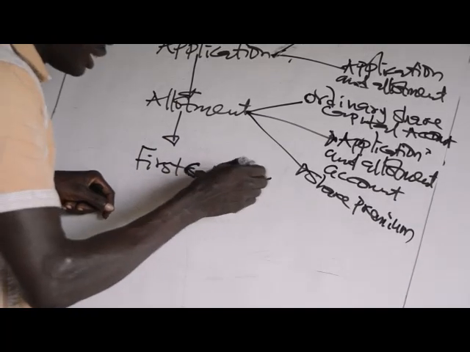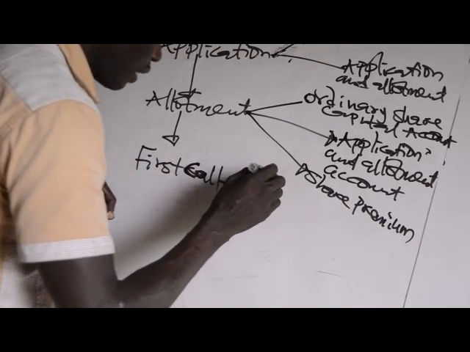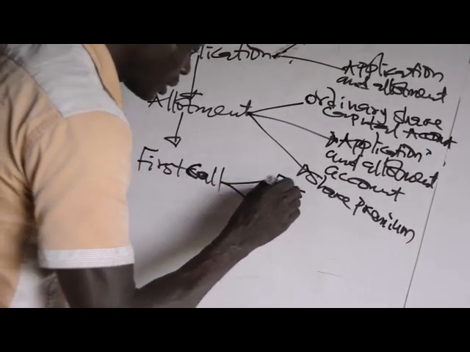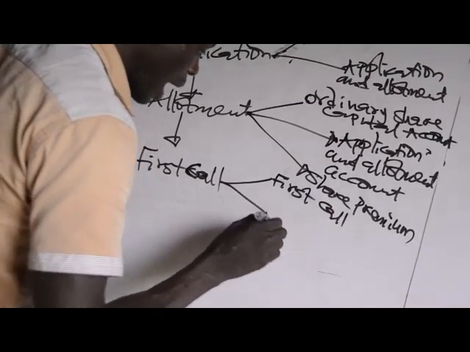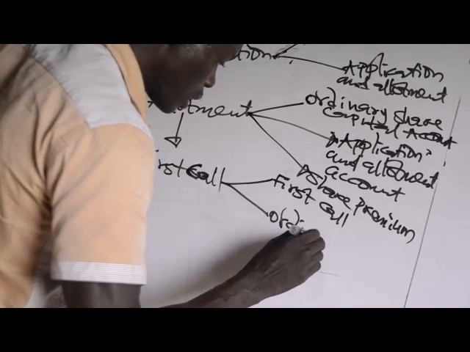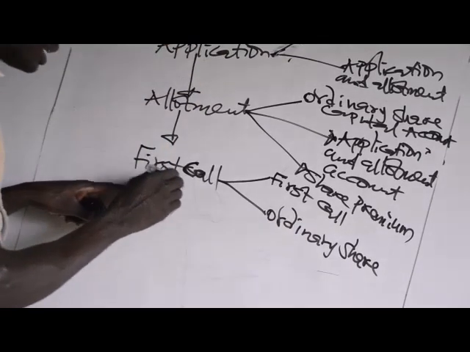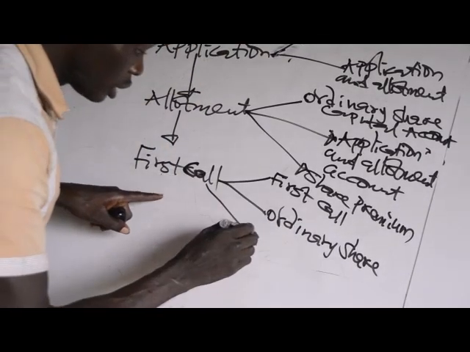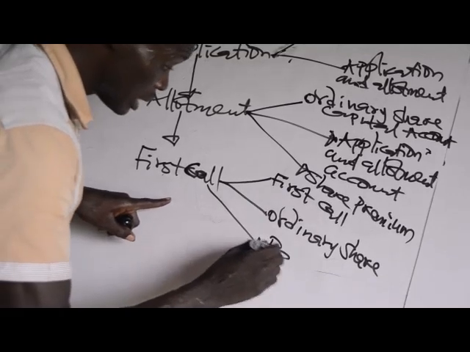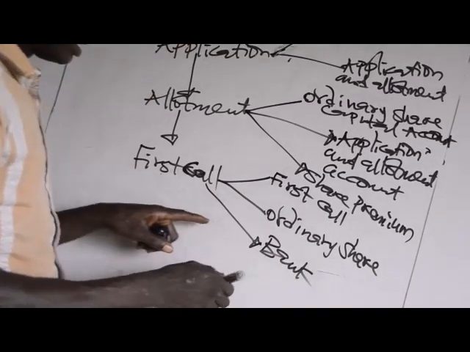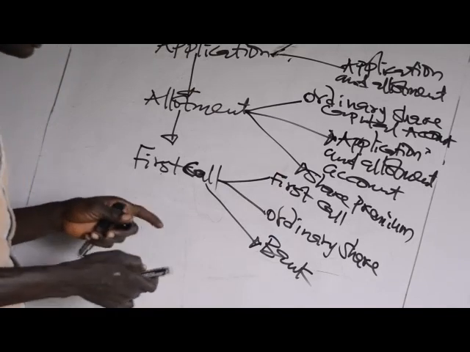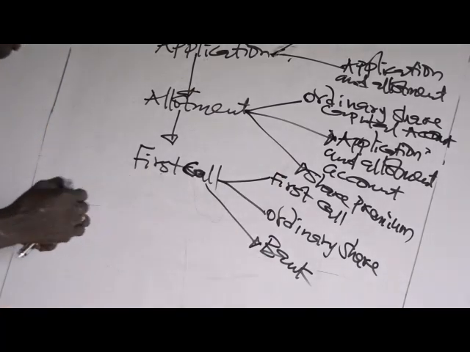In this case, you are going to have the first call and ordinary share capital when the call is made. And when they receive money on calls, you are going to record it in the bank account as well.